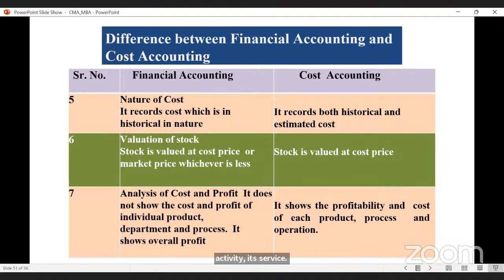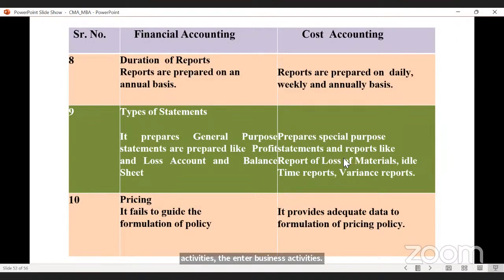So cost accounting is activity oriented. Please remember, but financial accounting always shows the profit and loss by considering the entire business activities. So this is another difference between cost accounting and financial accounting.